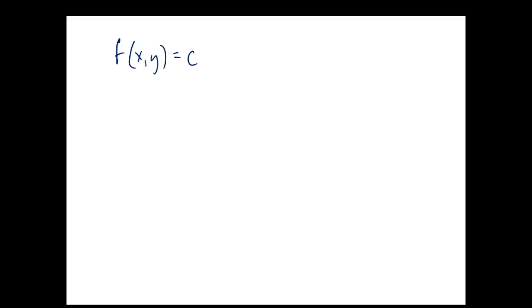And here's their example. Okay, x squared, that's your x, or one of your x's, minus 5xy plus y cubed is equal to c, some constant c. One parameter family of equations.